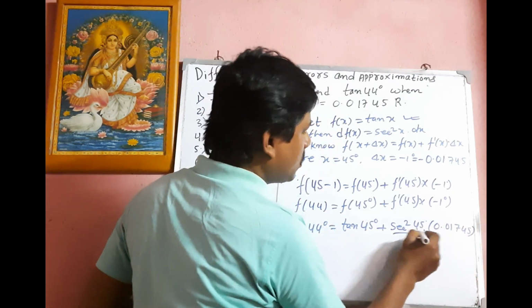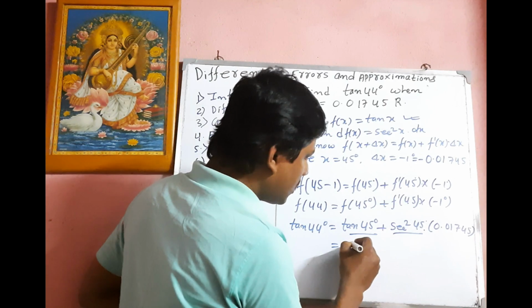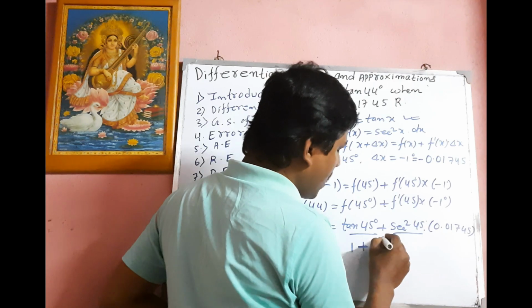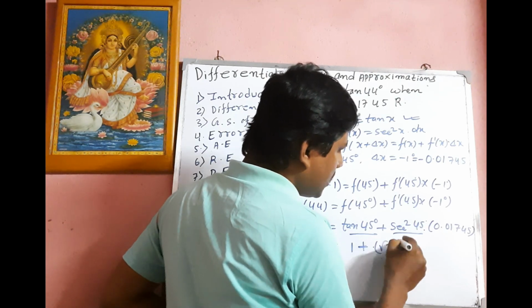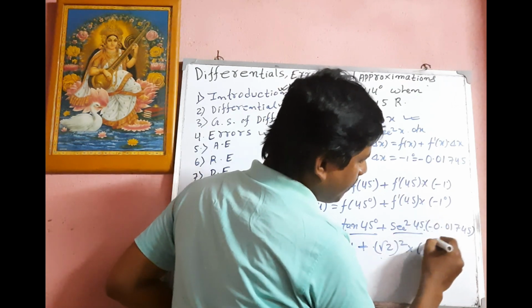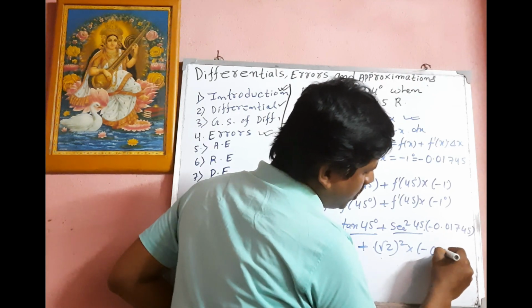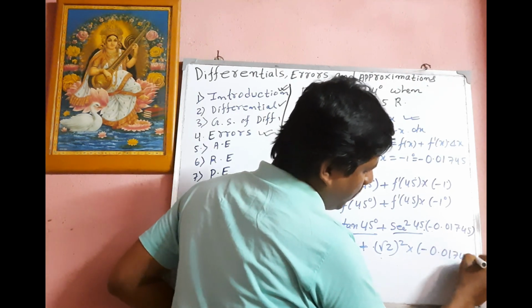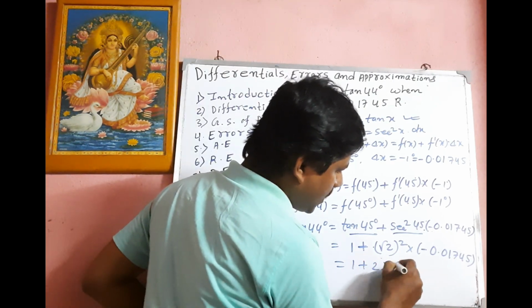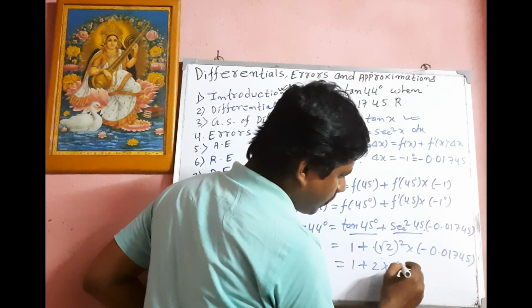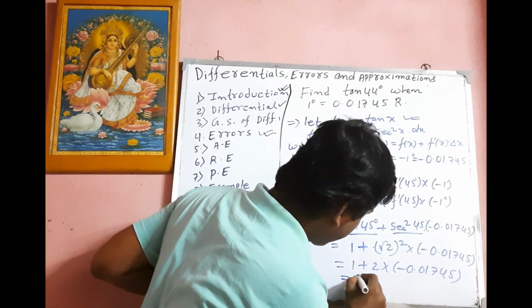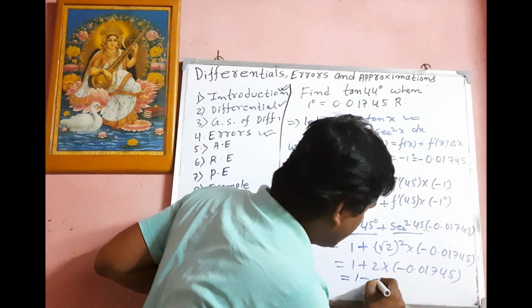Now further putting the value, we know that tan 45 is equal to 1 and sec of 45 is root 2, and this is squared, multiplied with minus 0.01745. After calculating, we multiply it by 2, then subtract.